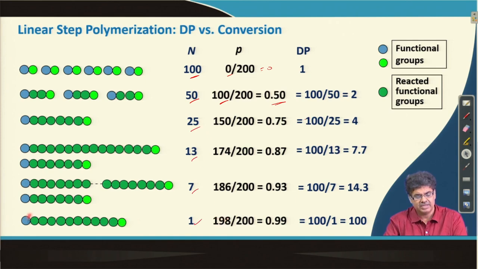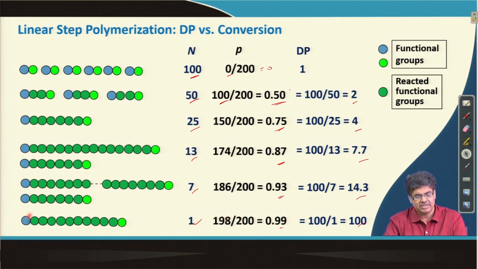Okay, then now see the conversion. Here 0.50, here 0.75, 0.87, 0.93, 0.99. And finally, just see the degree of polymerization: 2, 4, 7.7, 14.4, and 100. So why am I reading this data? What is the thing behind that? I want to explain.